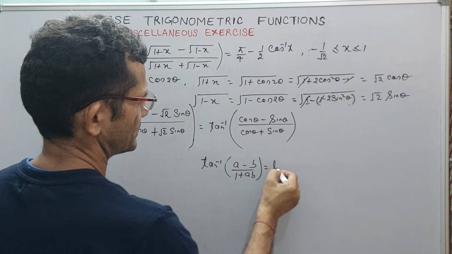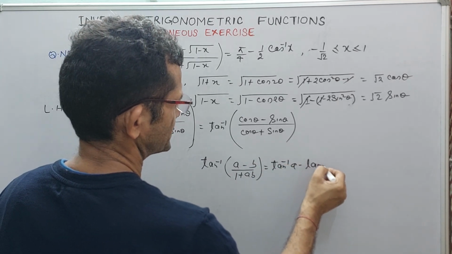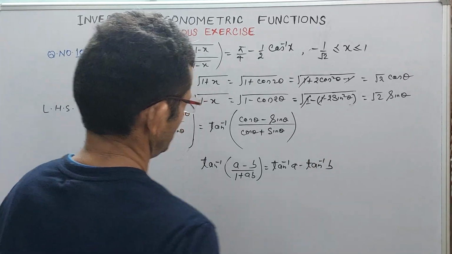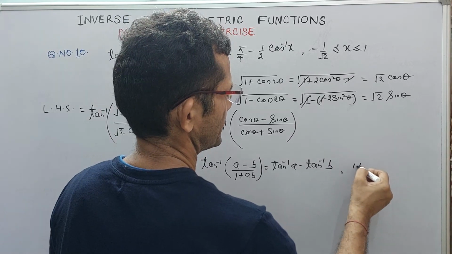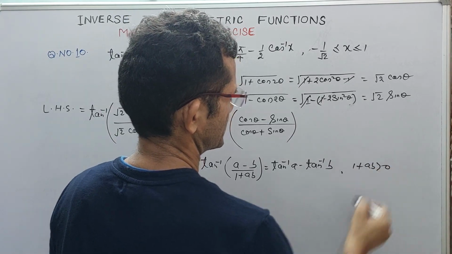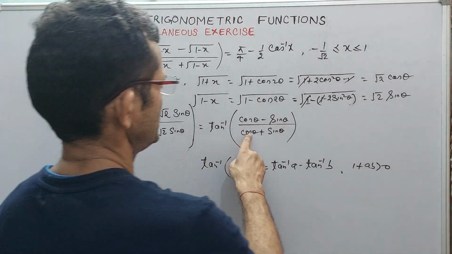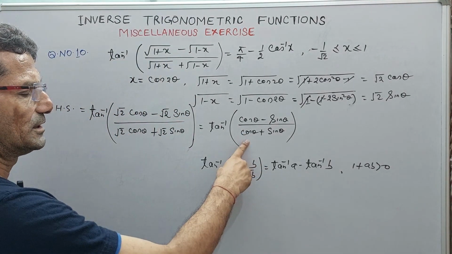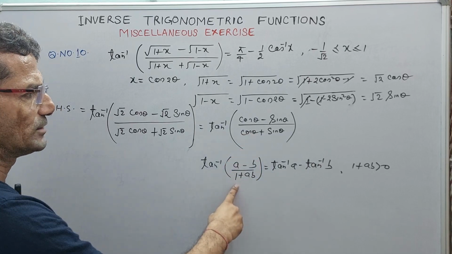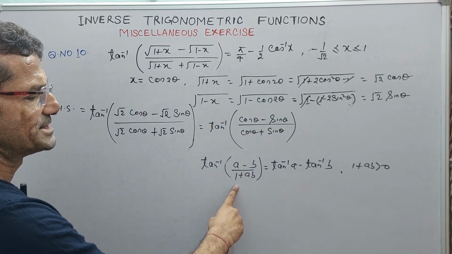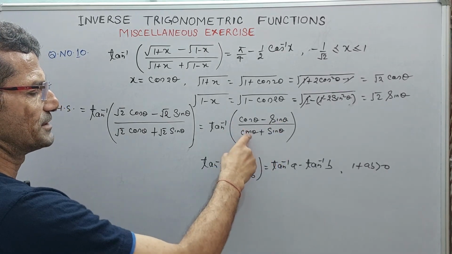This value becomes tan inverse a minus tan inverse b. We will use this formula here. So the condition is 1 plus ab should be greater than 0. So that's why we need here 1, and since cos theta is 1, this should also be 1. So we must divide this by cos theta, this by cos theta, so that this becomes 1.